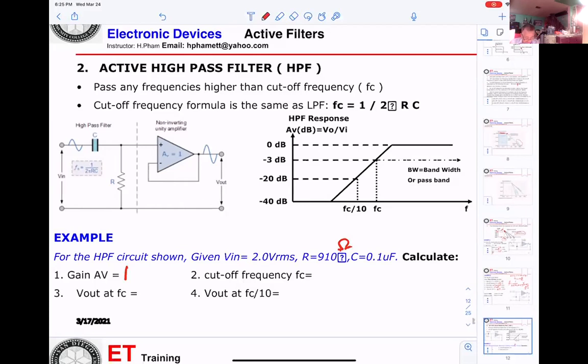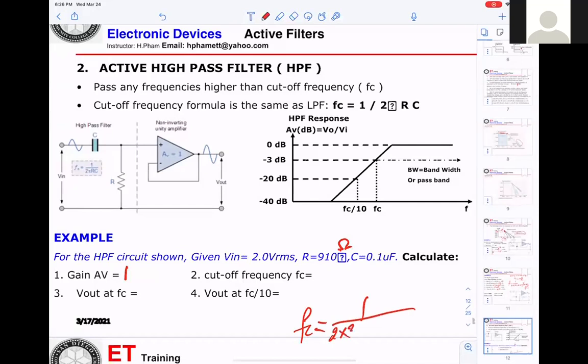Okay, who got the number 2 cutoff frequency? Let me know. It's very big. 17.49.